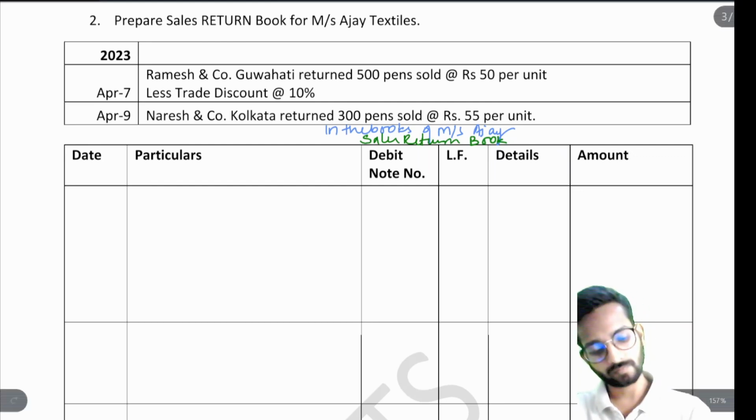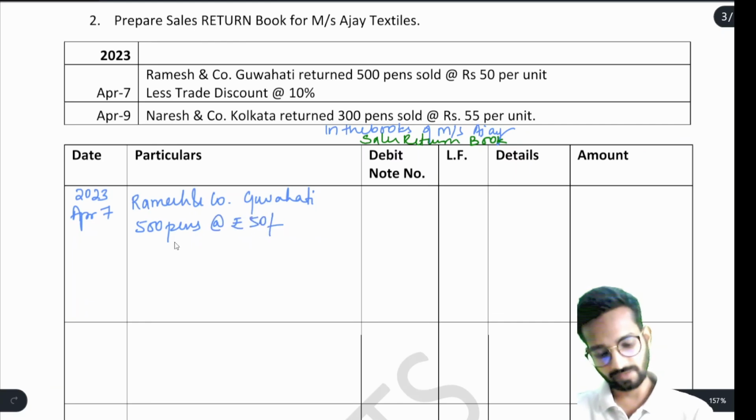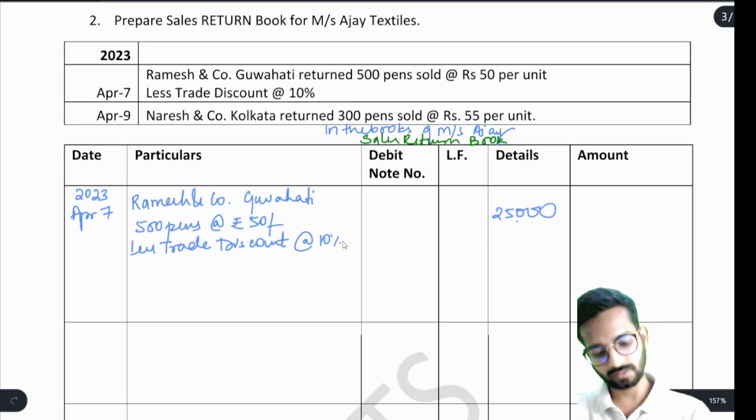So, what will we write here? 2023, April 7, Ramesh and Co. Guwahati, 500 pens at rupees 50 per unit. 5 5s are 25, so you will write here 25,000 less trade discount at 10%, 2,500.